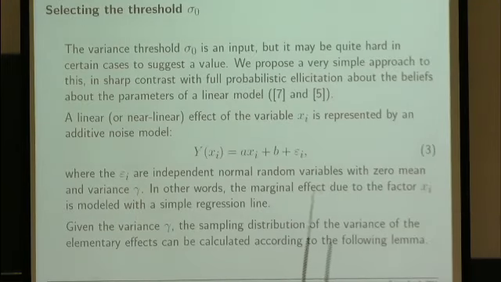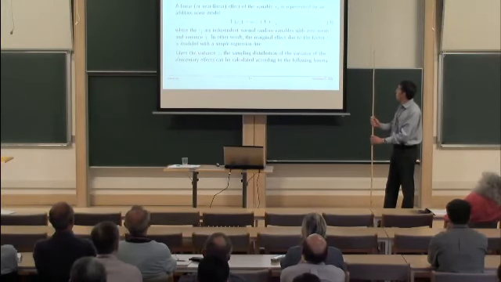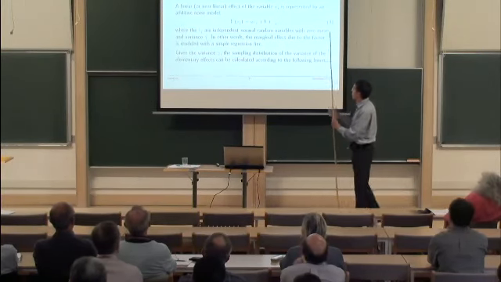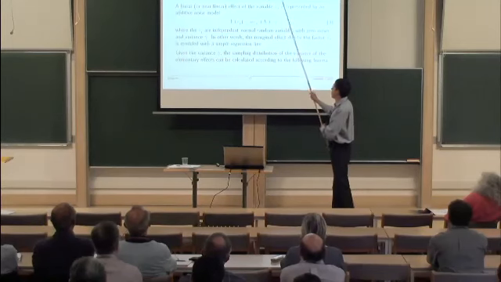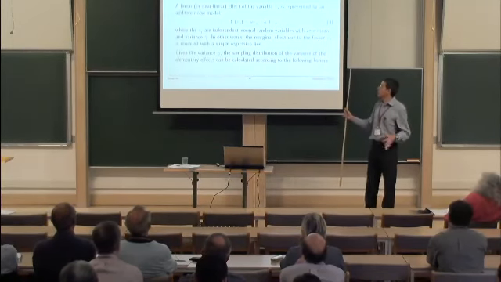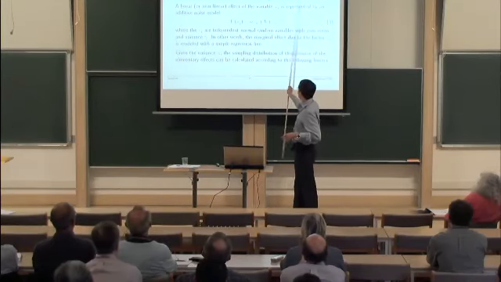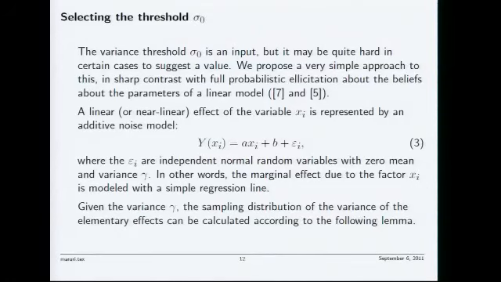Now, for selecting the threshold, which is probably the most important component in our method, it might be quite hard in certain cases to suggest a value, and we just propose a quite simple approach, which is in sharp contrast to full probabilistic elicitation about beliefs of parameters for a linear model.